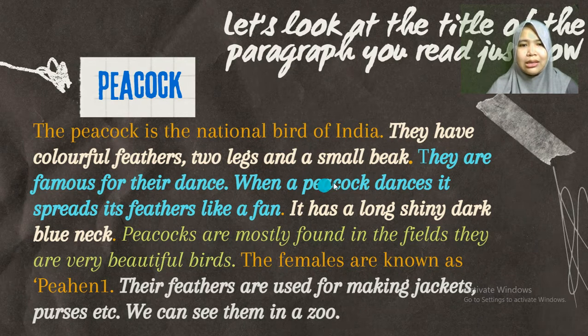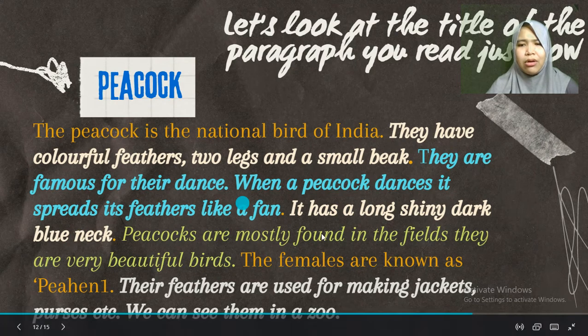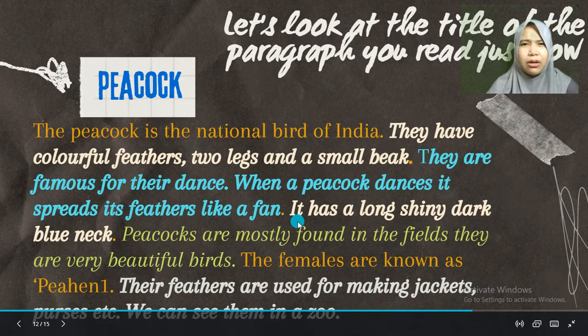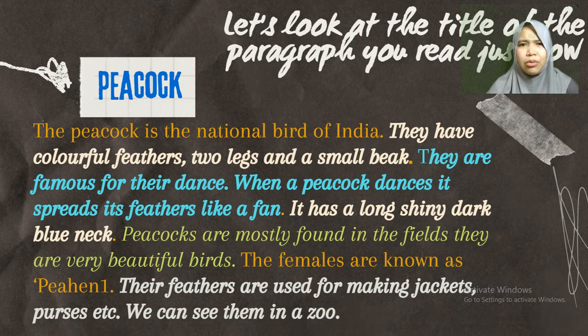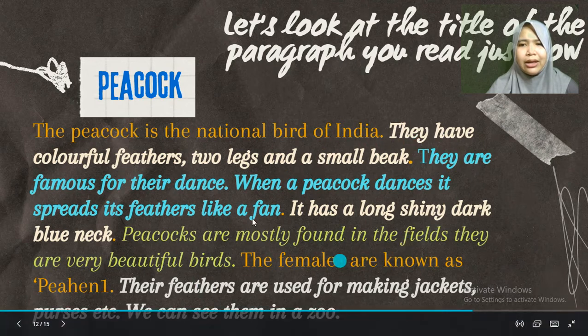The answer is famous for their dance. And another physical trait is long, shiny, dark blue neck. And it talks about the female peacock, what it's called, and so on. So the supporting details are here in the colored font.